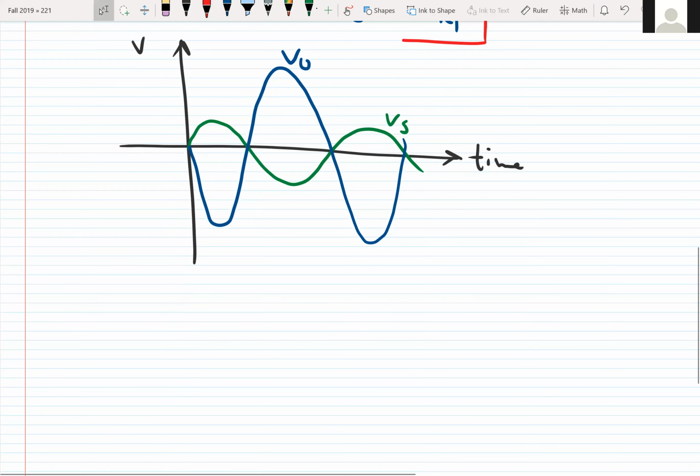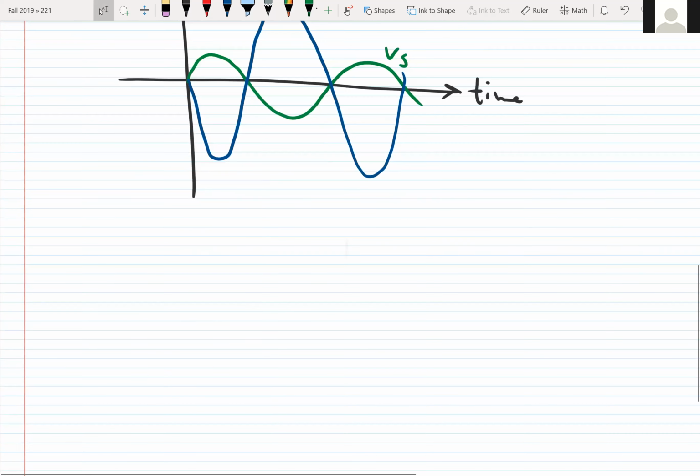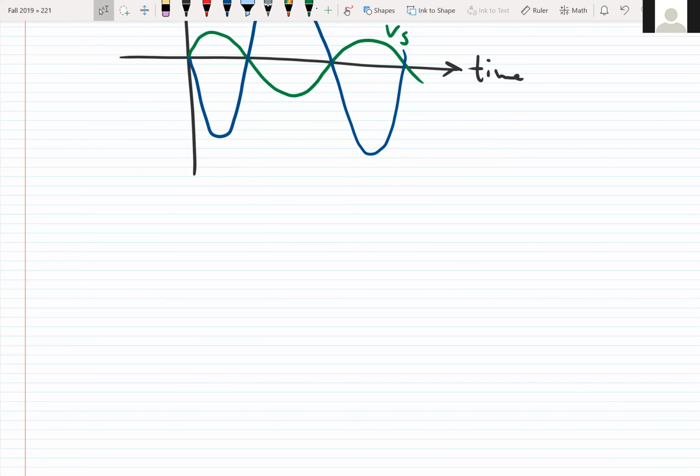Now it's time for solving some examples together to master amplifier problems. In the following circuit, find the voltage gain.